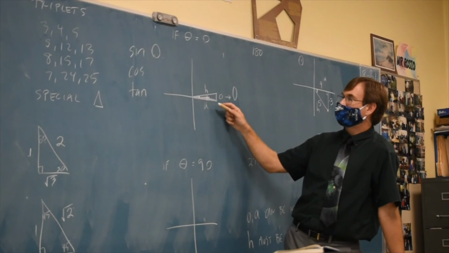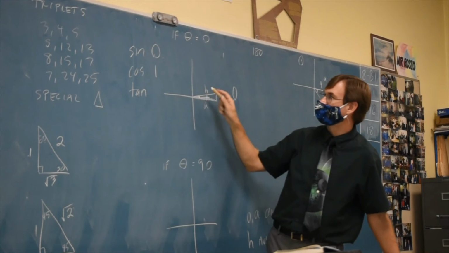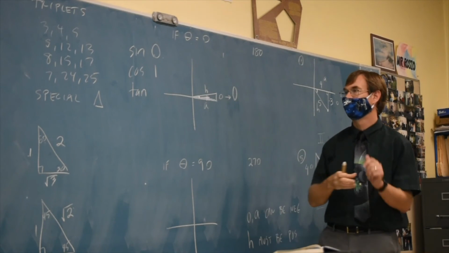Cosine? What would cosine be if A and H are basically the same? 1, because A over H, stuff over itself, would be 1.